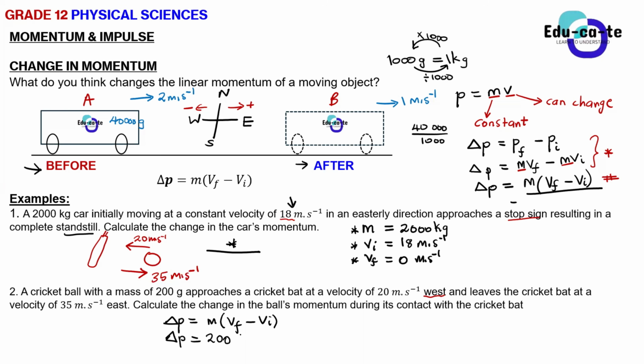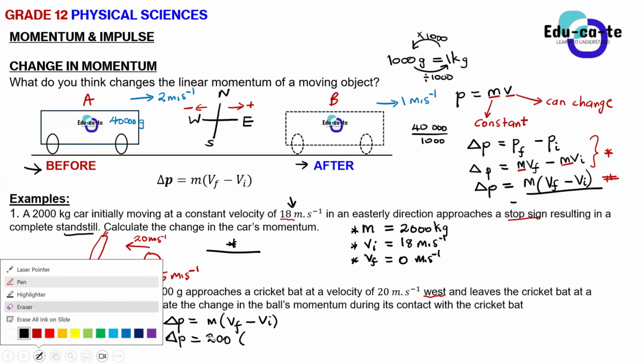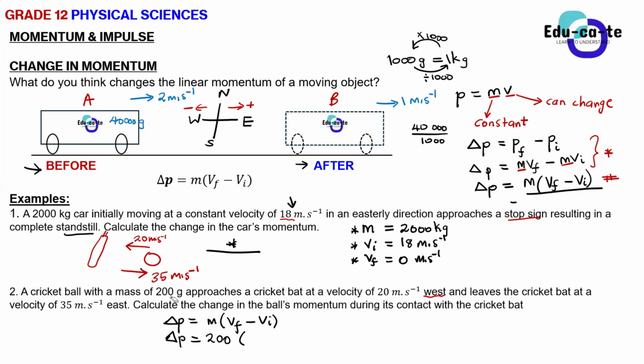No, it's 0.2. You divide it by 1,000 first, so you divide the mass by 1,000. That's going to be 0.2. And then what is the velocity final? 35. The final velocity there is 35 meters per second to the east.